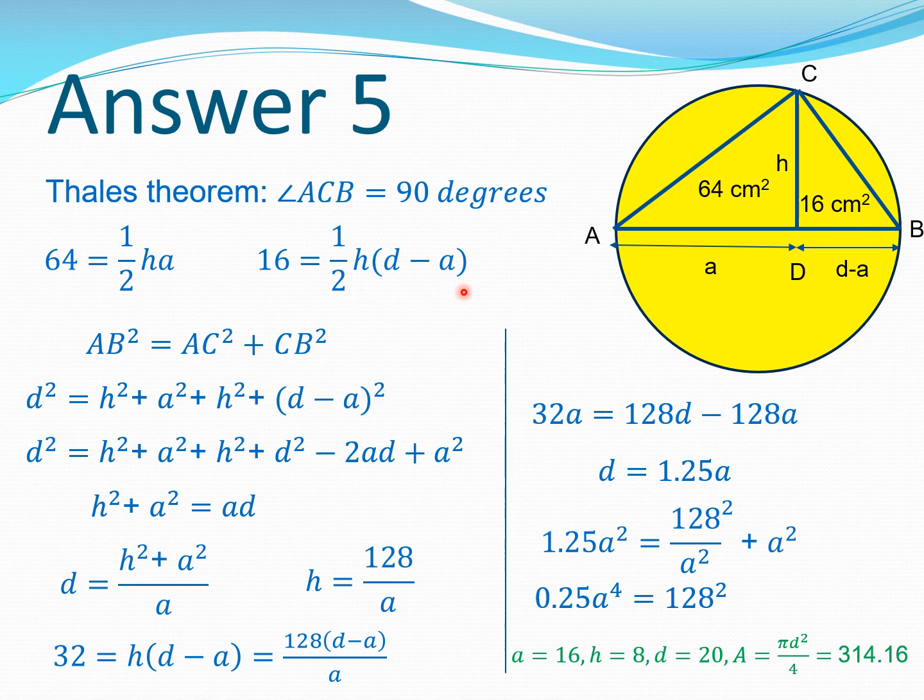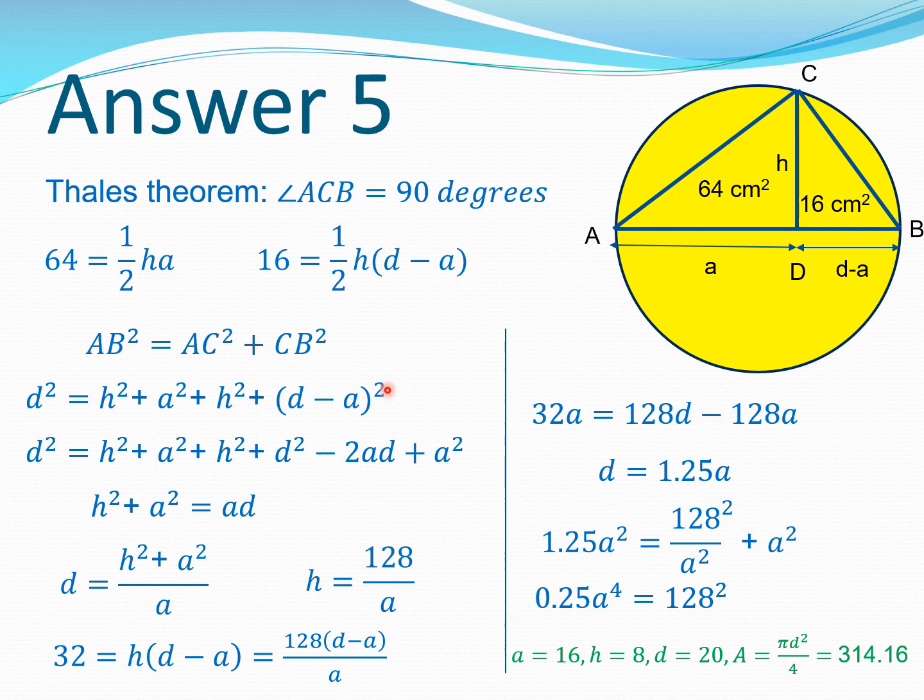So we got two equations here, but we have three variables. We have h, a and d, so we need one more equation, and that equation comes from the fact that Thales theorem tells us that ACB is 90 degrees. Therefore I can write that AB square is AC square plus CB square, that is AB square, which is the diameter square, is AC square, one side square, plus CB square, this being a right angle triangle.